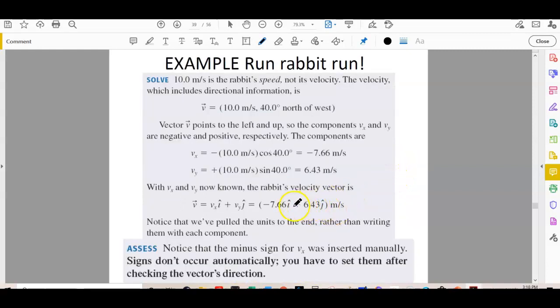You can just pull out the meters per second, and then this would be the overall vector. So the thing to remember, as a rule, is that you have to put in the signs up front and figure that out, okay? And that's what we did when we put it in the calculator. So basically, that's how to apply unit vectors to what we're doing, okay?